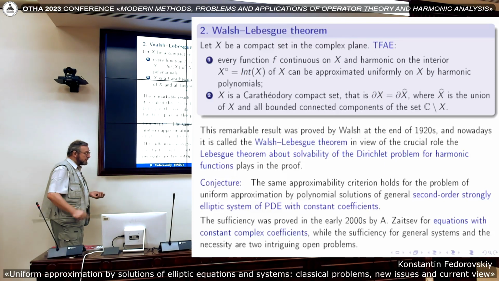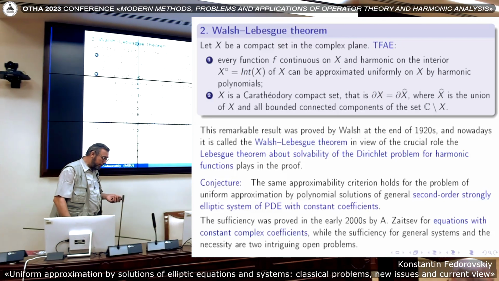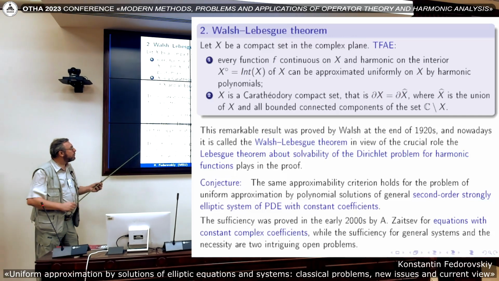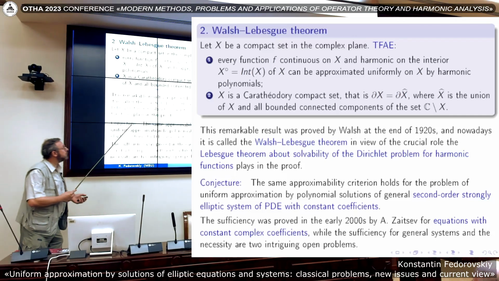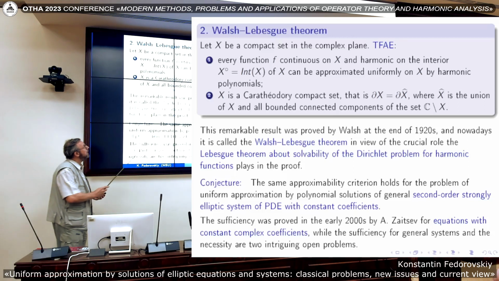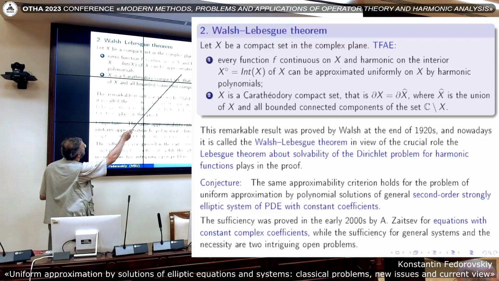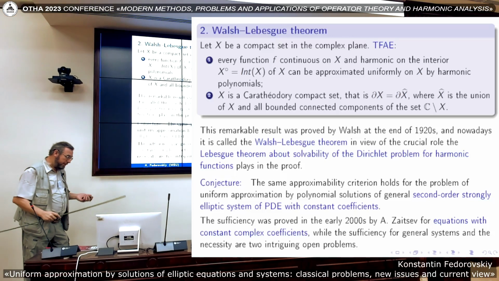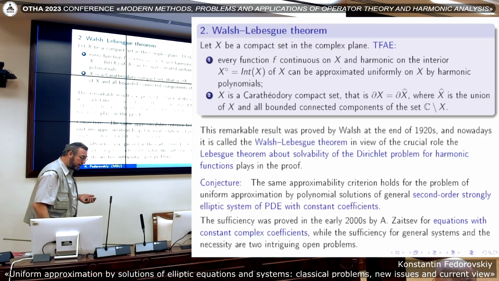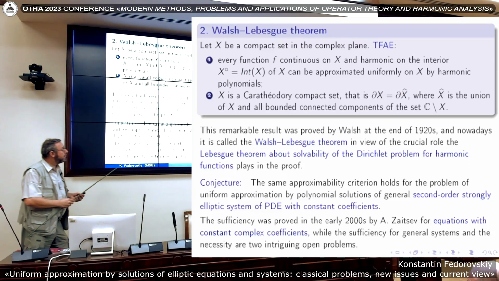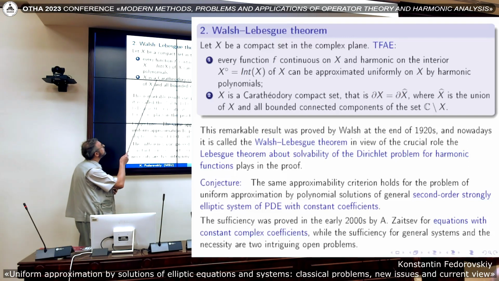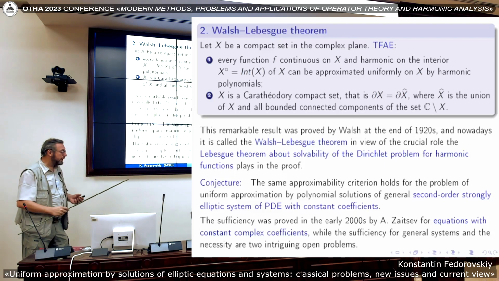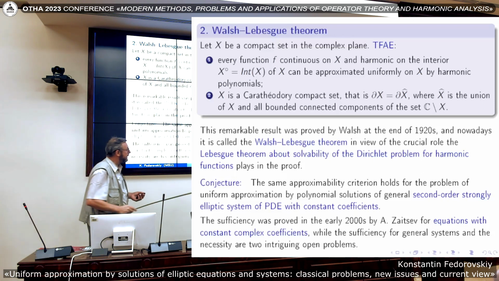Well, this is the result, in some sense a model for us, and approximately 20 years ago we asked the question: what happens if we replace here the harmonic functions by solutions of some elliptic PDE with constant complex coefficients, and of course we want to approximate the function also by polynomials from the kernel of the corresponding operator.